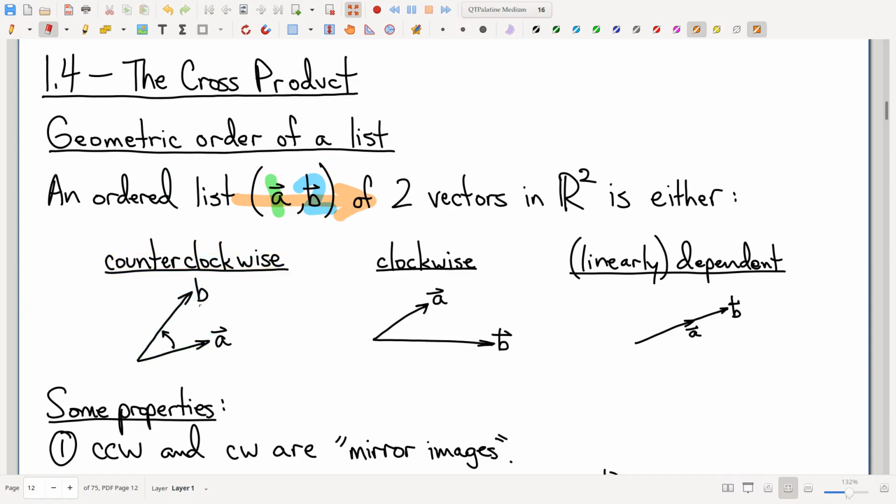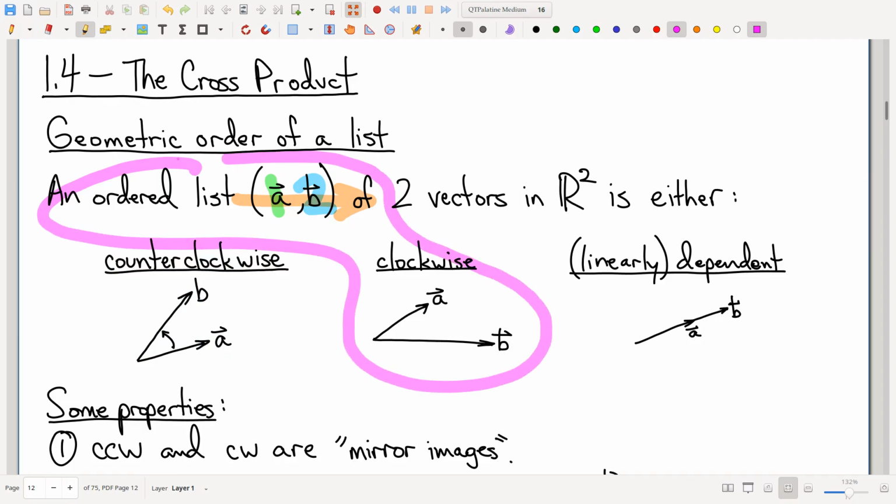Now let's entertain a perfectly reasonable different possibility. Let's suppose that A is that, which it could be, right? And B maybe is that vector like that. Now what would I say about this ordered list? Again, from A to B, from the green direction to the blue direction, well, now we really ought to call that clockwise.